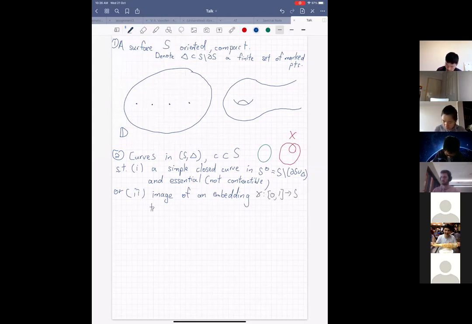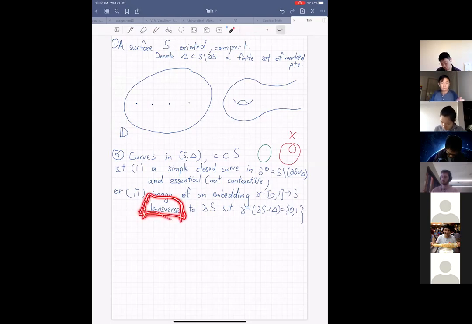The endpoint can be a puncture or the boundary of your surface, such that the inverse image of this is 0 and 1. Okay. So this is transversal. Transversality can be done by some vector field, I think. If it is not transverse, you can modify it.